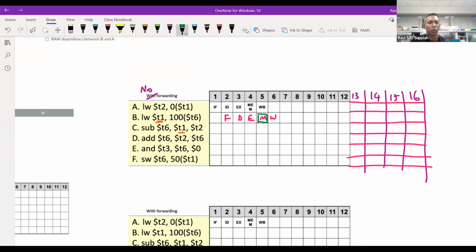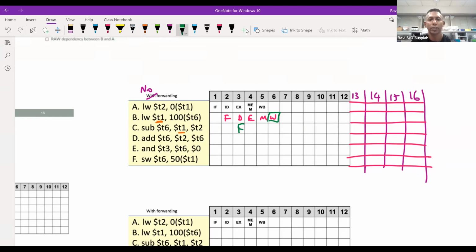Because of the load word instruction, only after I fetch the data from the memory do I know the value. Sorry, this is no forwarding. So no forwarding means only when the write back is completed, T1 is updated. So when I fetch the next instruction, I cannot go on to the decode stage.